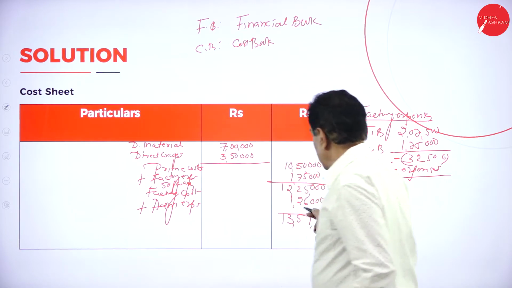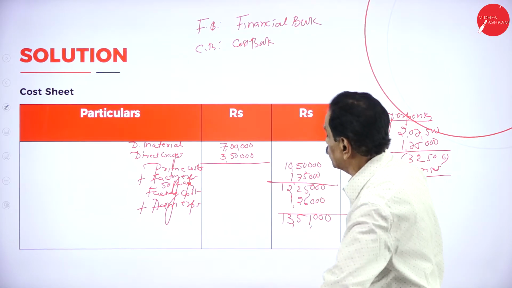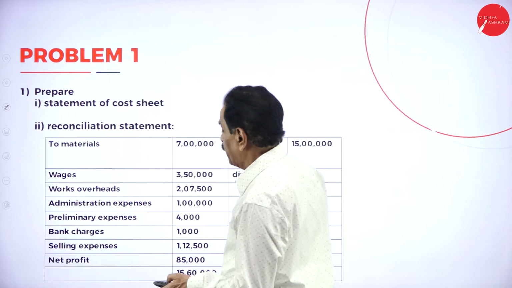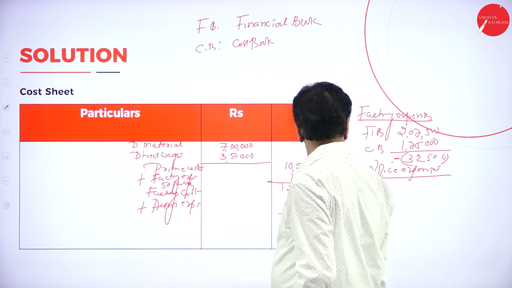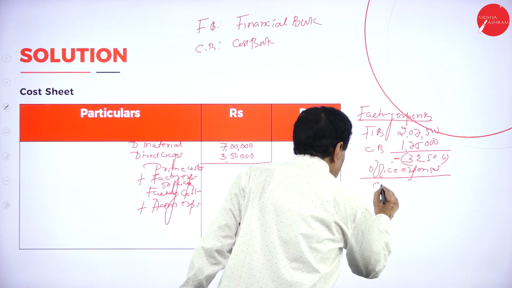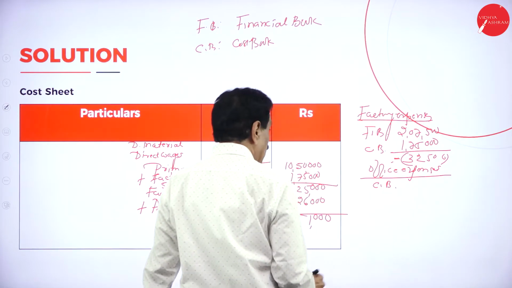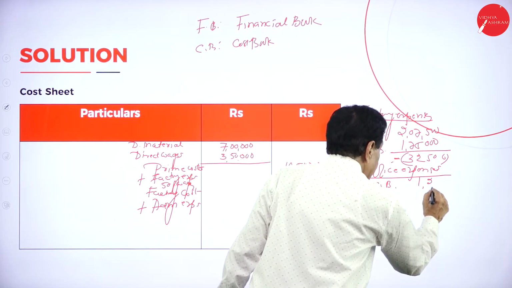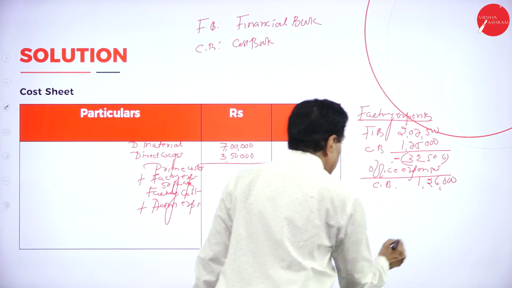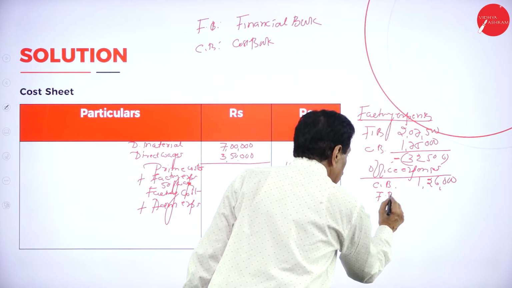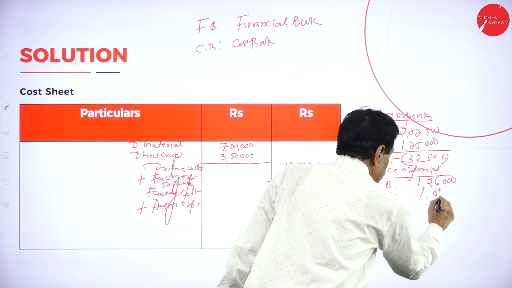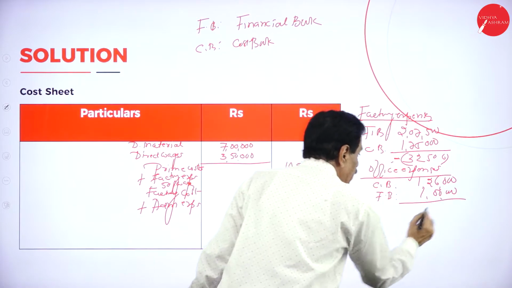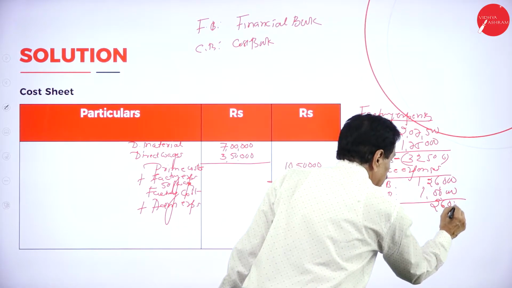Then office expenses. See, your administration expense in the cost book is 1,26,000 and in the financial book it is 1 lakh. The difference is 26,000.